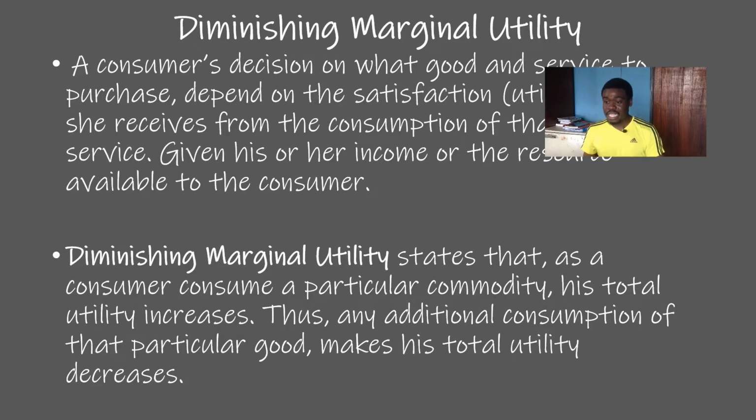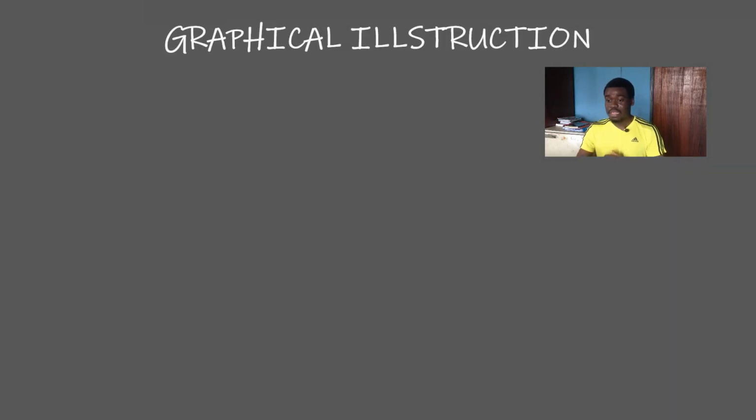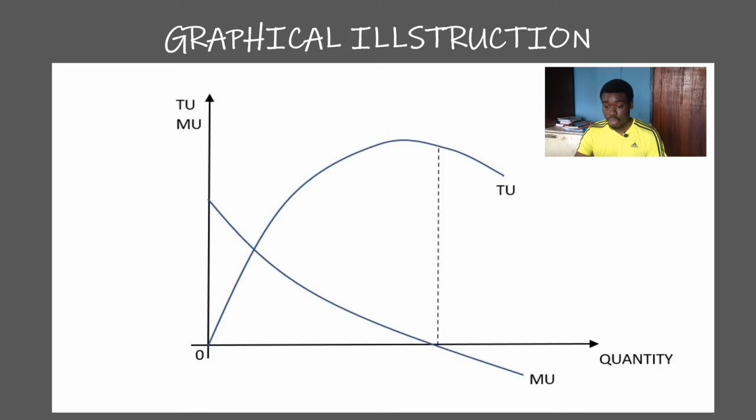Now let's consider this graph. Looking at this graph, on the vertical axis we have the total utility and the marginal utility, and on the horizontal axis we have the quantity.